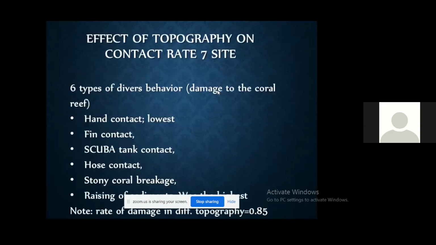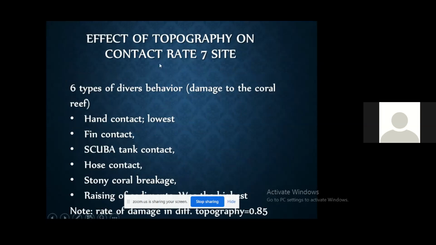To determine whether topography has an effect, because based on a previous assumption, different topography levels might have an effect on the damage to coral reefs.